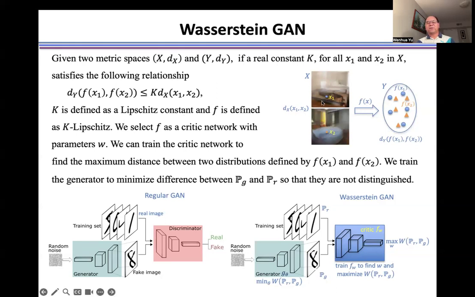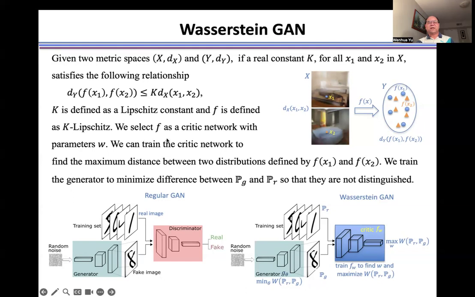Namely, if we cannot measure the difference of two distributions, we can map them into a latent space. And then we can use this relationship to calculate the maximum distance between two distributions in the domain X.